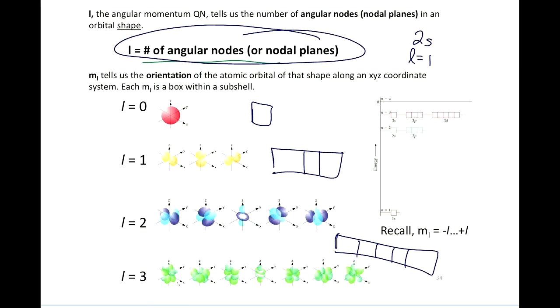So that S orbital has 0 angular nodes in that shape. That's what you need to know here, because it's going to be more useful for us. That's how we know what that shape is, because that L of 0 comes from solving the Schrodinger equation. So that's the number of angular nodes within that shape.